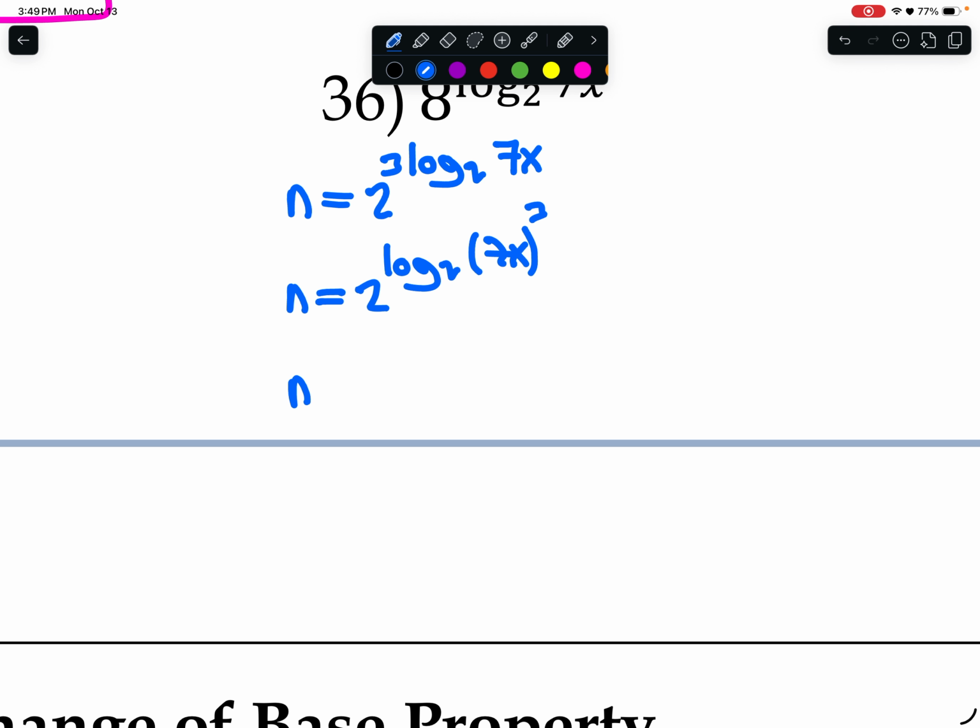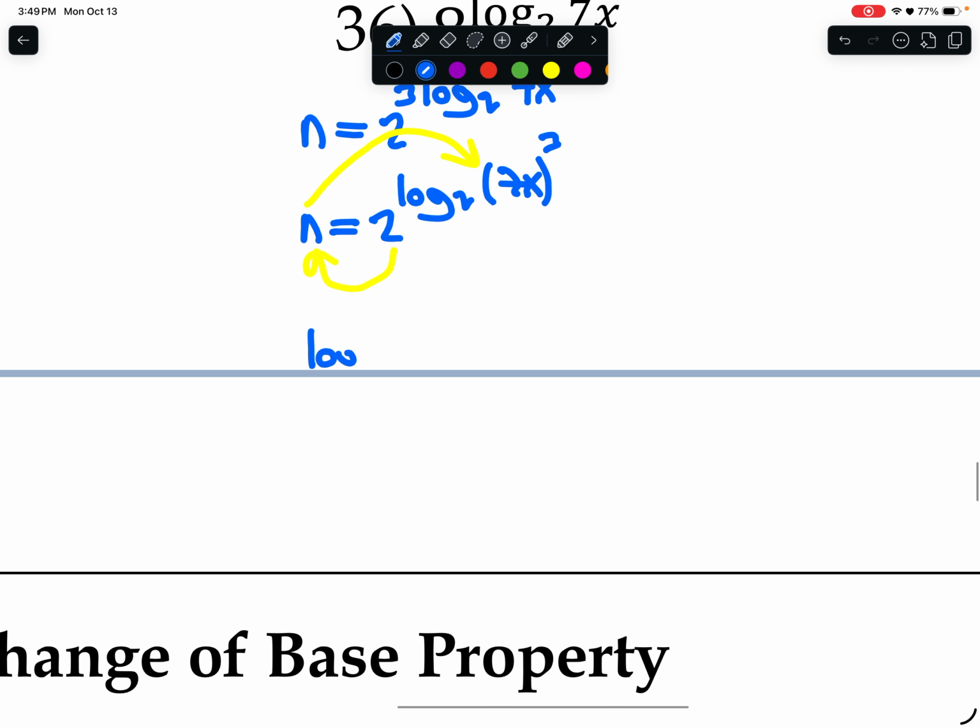So when I rewrite, you can either evaluate or you can go ahead and rewrite in a different form. It's really up to you. I'll go ahead and rewrite first. So I'm in exponential form, so I want to go to logarithmic form. So log base 2 of n is equal to the exponent. So log base 2 of n is equal to log base 2 of 7x all cubed.